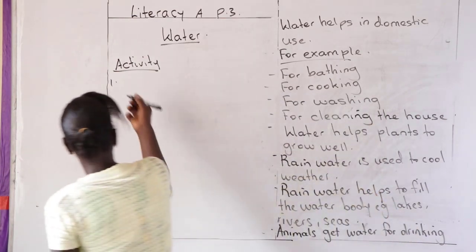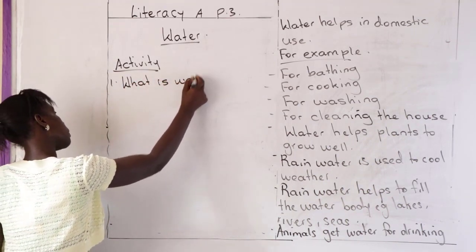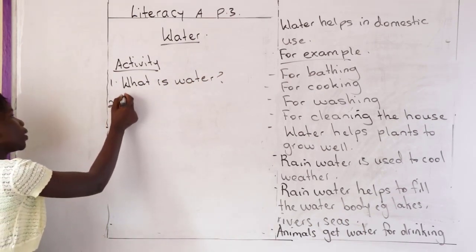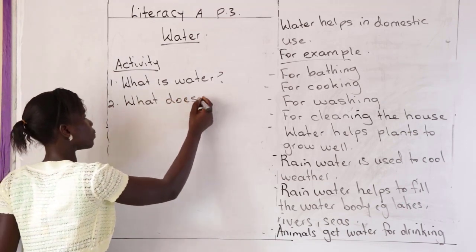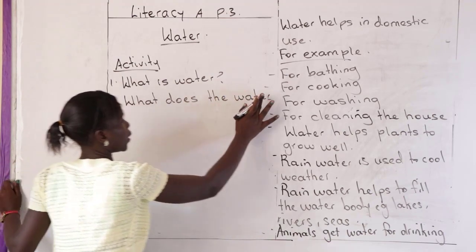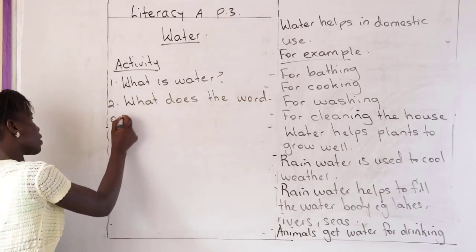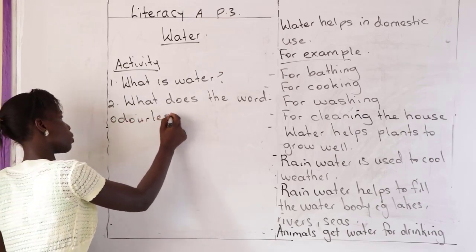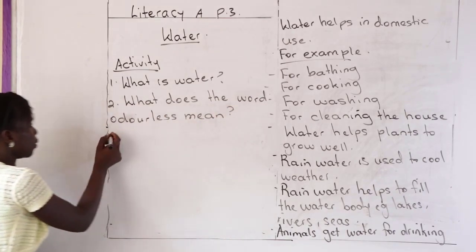So the first one is, what is water? Number 2, what does the word orderless mean?